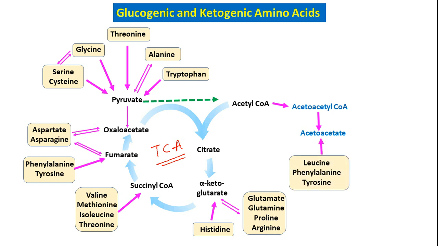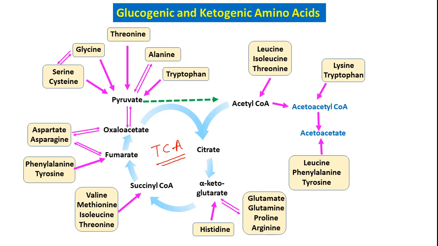So here leucine, phenylalanine and tyrosine can provide us acetoacetate, whereas lysine and tryptophan give us acetoacetyl-CoA. Leucine, isoleucine and threonine can provide us acetyl coenzyme A. Okay. So as I told you, oxaloacetate can provide us glucose via gluconeogenesis.